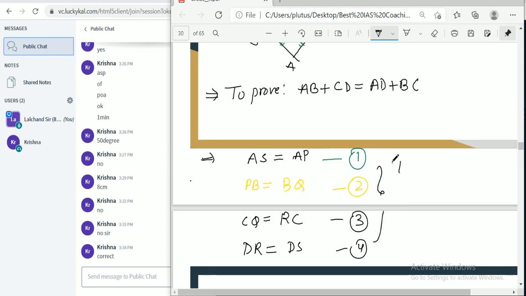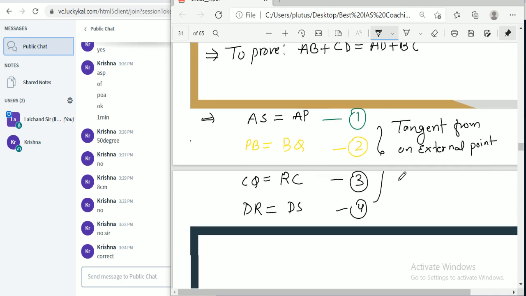These are tangents from an external point are equal in length. This is the reason.